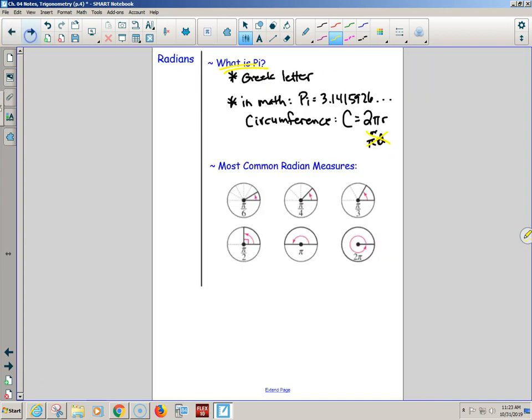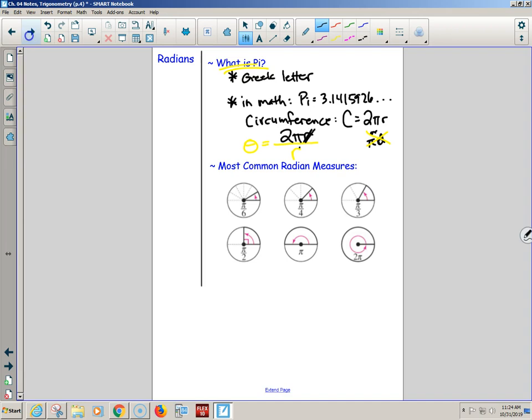Circumference is distance around. Arc length is distance around the arc of an angle. So I could take that formula, theta equal to arc length over radius, and say that circumference is an example of an arc length, the arc length of an entire circle. What happens if I plug in the arc length of the entire circle?